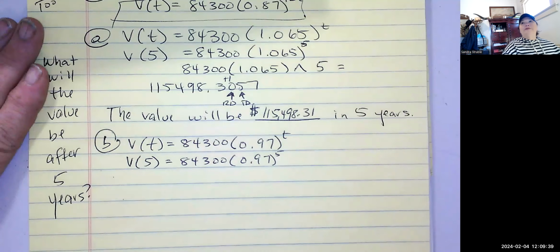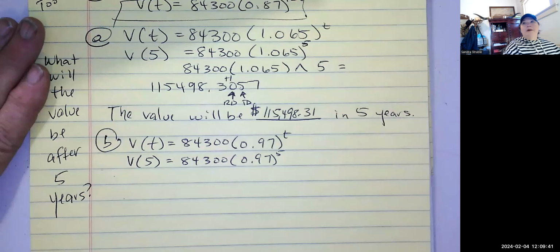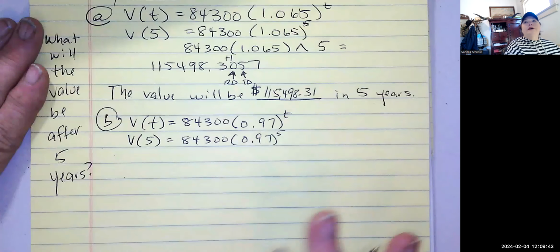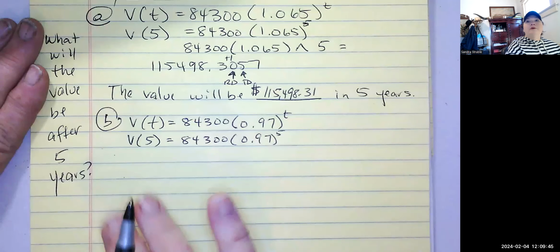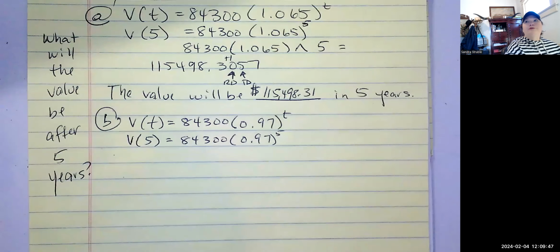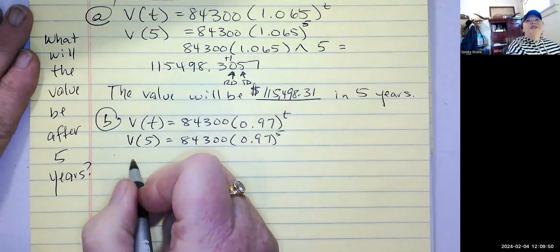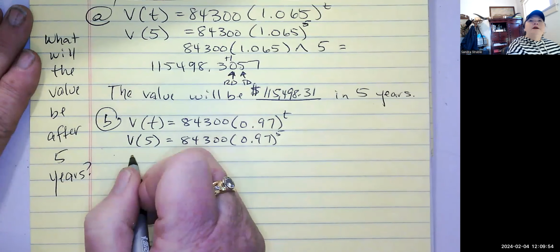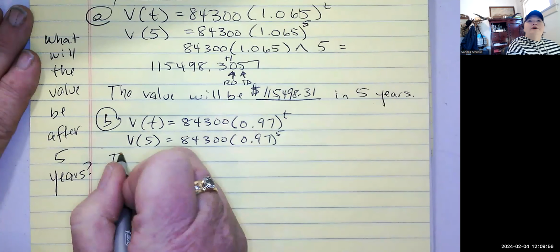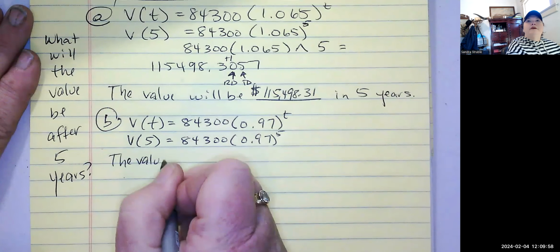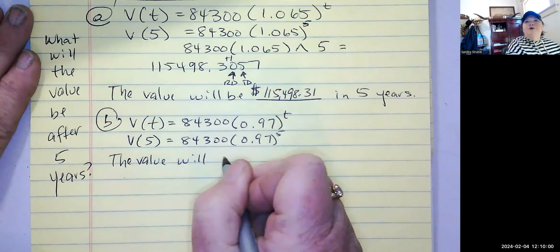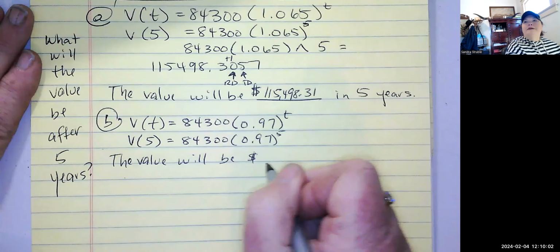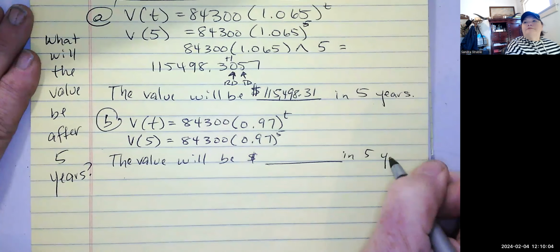It's the ones that have the different exponents that I'm worried about. So please, if you understand this and you're getting the right ones, great. Please go all the way through till you get to those last two, just to make sure your exponents are right, because there's some tricky stuff on there I need to show you with the calculator. So for this one, the value will be, I'm going to use the same words, $ in 5 years.